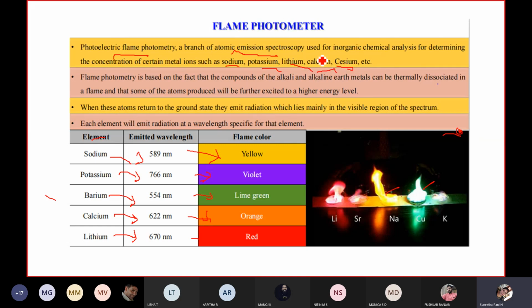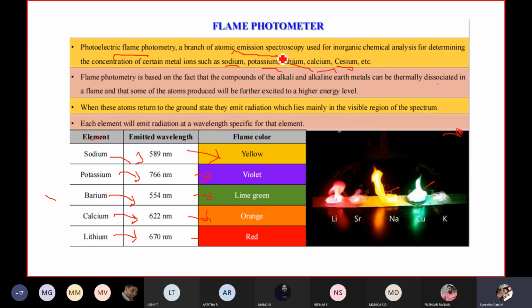If you look at the flame, you can easily say this particular element gives some color. But if you want to measure its intensity based on the concentration, you use this flame photometry.